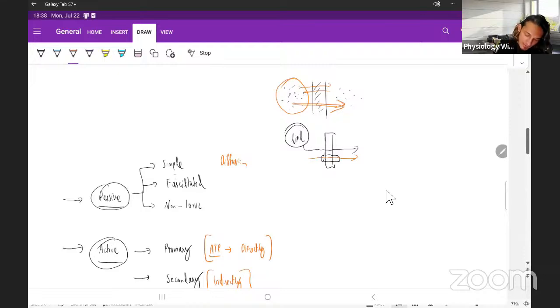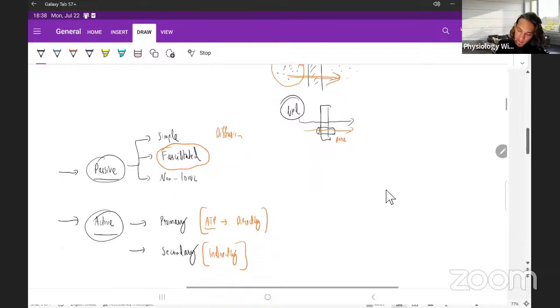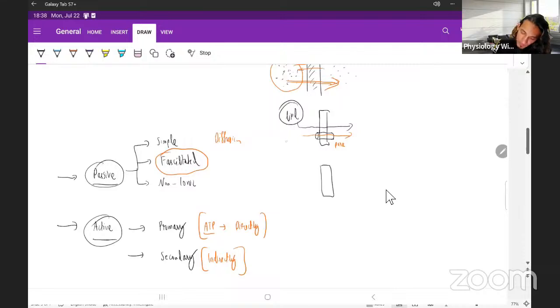This is an example of what you call a pore. Don't confuse it with what I'm going to tell you now. In facilitated diffusion, there is a higher concentration on one side and a lower concentration on the other side. This substance cannot pass through the membrane in any way, and it probably does not have a proper set of ion channels either.